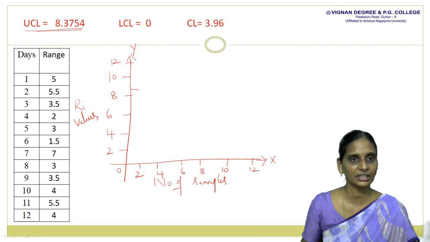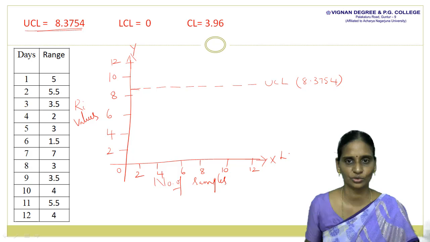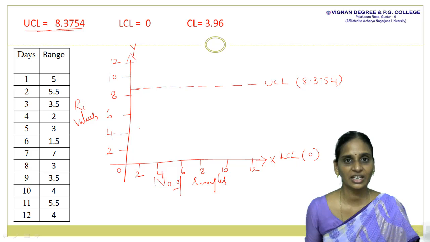So we plot the point on the y-axis at 8.3754, and based on that point, we draw a horizontal dotted line. This is UCL, 8.3754. The LCL value is 0, so that is the x-axis. And the value of CL is 3.96.